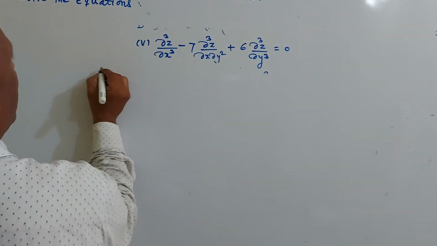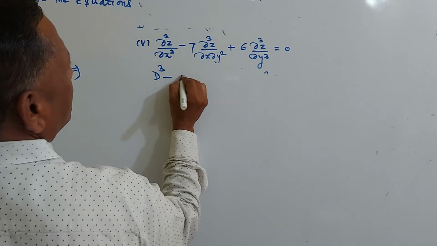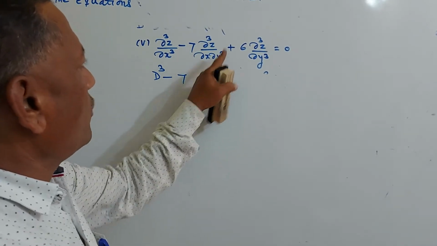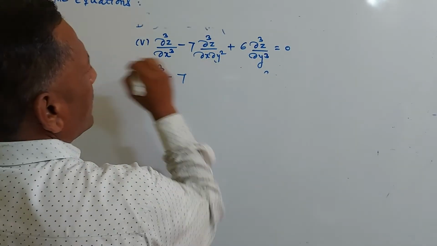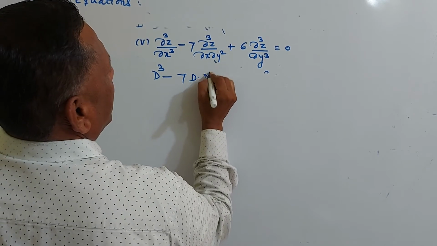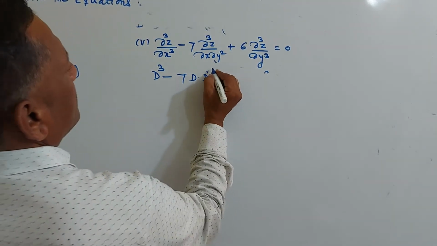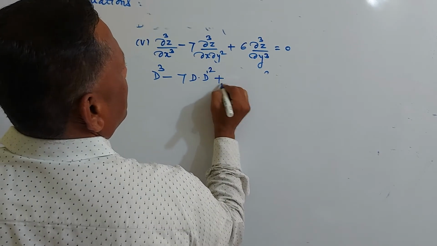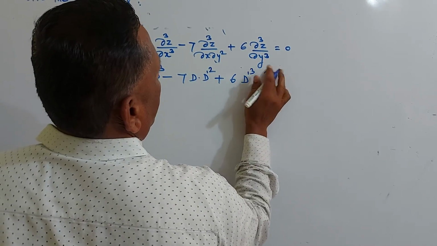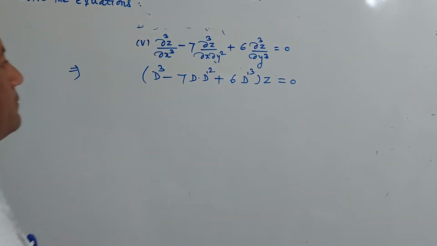The symbolic form of this equation is D³ minus 7, here ∂³z/∂x∂y² means 7 D D'², plus 6 D'³ operated on z is equal to 0.